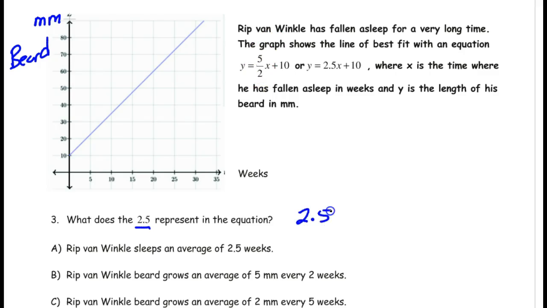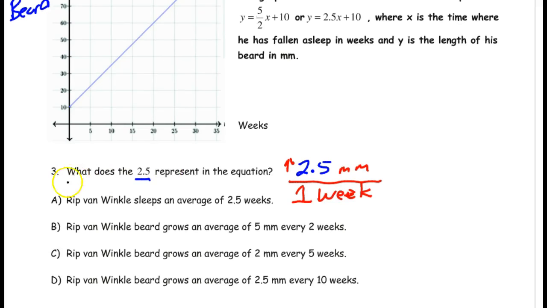Remember it's rise over run, so it's millimeters for every week. When we say per week, that means 1 week. This is positive, so that means it's getting 2.5 millimeters longer every week. So you could say the beard is growing 2.5 millimeters each week.